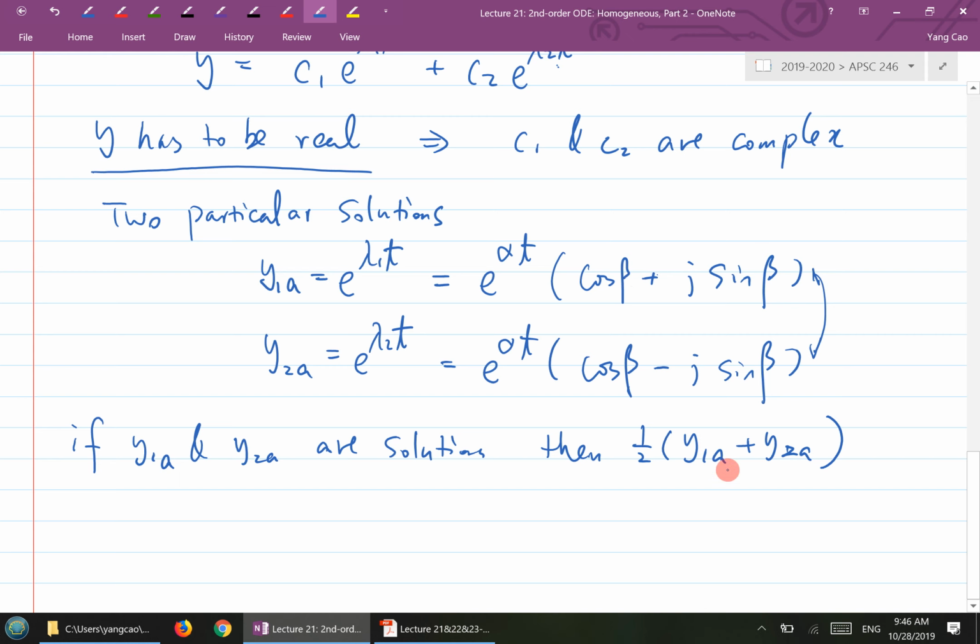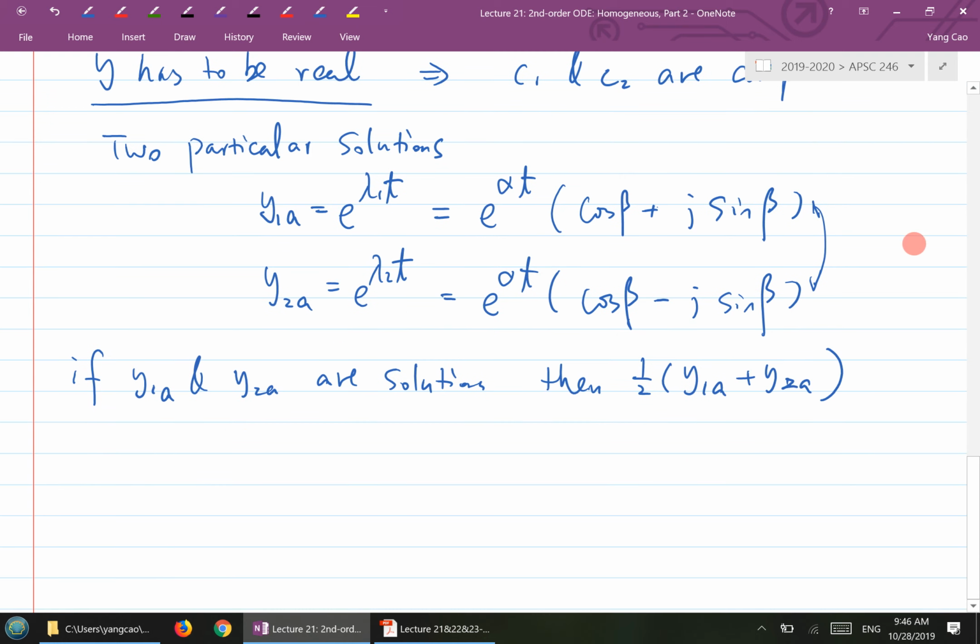Then you divide by 2, which basically gets rid of that 2. So your 1/2 of y1a plus y2a, let's call this y1, gives me e to the power of alpha t times cosine beta t. This is a solution, and this is a solution that does not involve complex numbers.